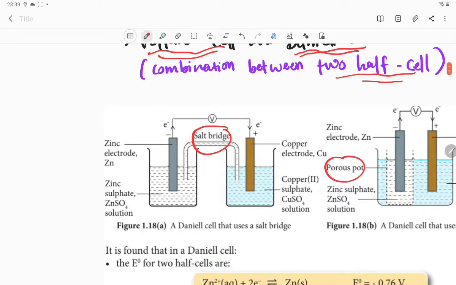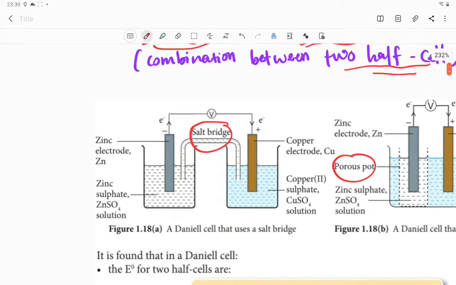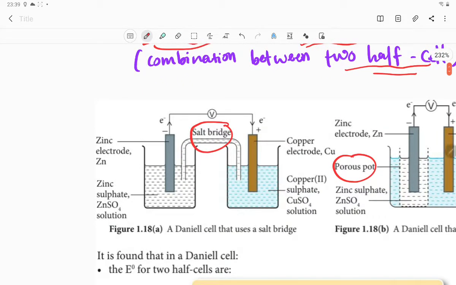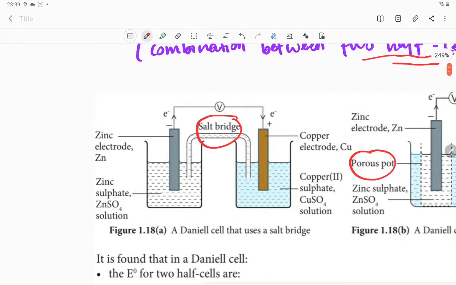Untuk Daniell cell, pelajar kena tahu setiap half cell itu ada dua half cell yang kita gabungkan. Setiap half cell itu elektrod dia mesti sama dengan dia punya solution. Maksud cikgu, zinc electrode mesti direndam dalam electrolyte yang ada zinc ion. Oke, contohnya zinc sulfate, oke, zinc chloride, zinc nitrate.